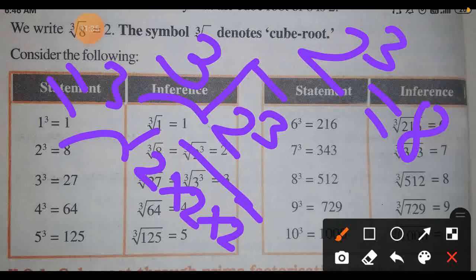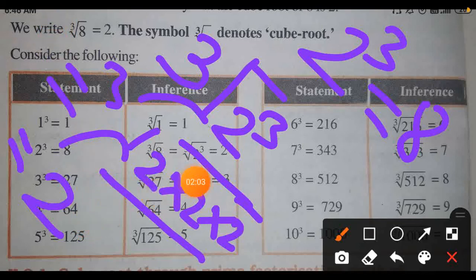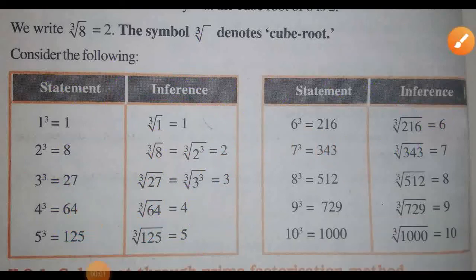Here we write 2 three times because 2 has the power 3. So it is 2 multiplied by 2 multiplied by 2, equal to 8. Here we can make groups of 3, out of which we can take 1, that is 2. So this is the cube root and this is the cube. 8 is a cube and 2 is the cube root.